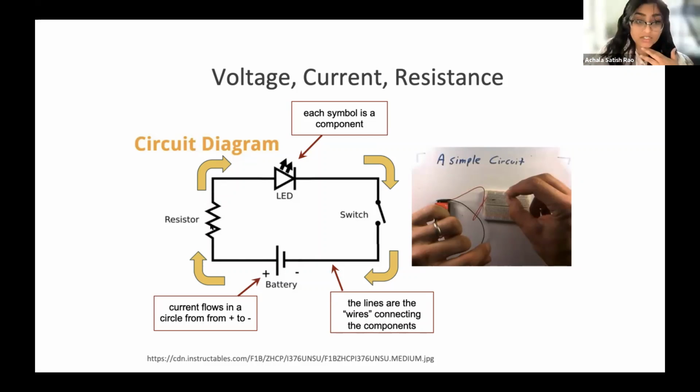And you'll see that each of these components, resistor, LED, the switch, have their own symbols. And as you're building your own circuits, you're likely going to want to build a circuit diagram, which is comprised of these symbols, just to keep things simple and easy to read for yourself. And of course, these wires here are just lines or wires connecting each of these components.